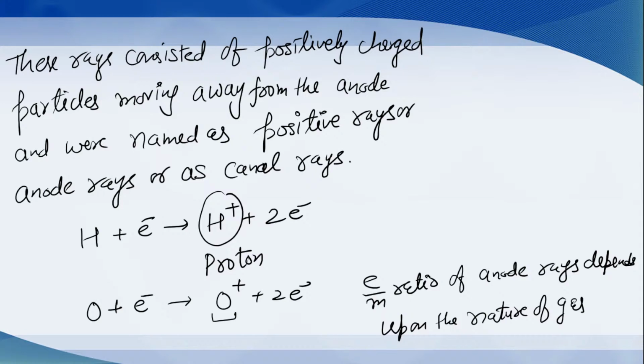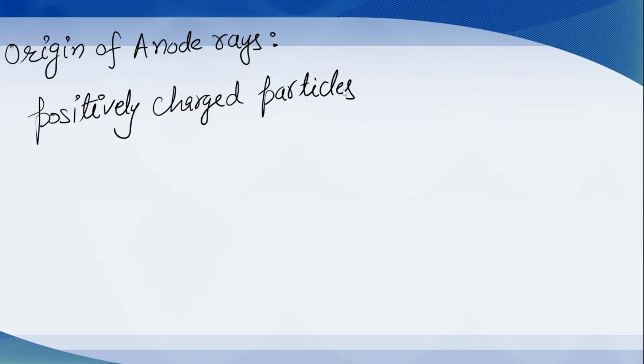Now, the origin of anode rays. Positively charged particles constitute the anode rays.